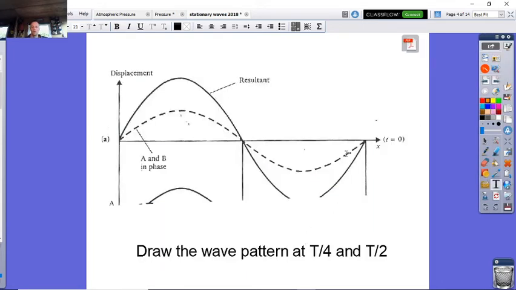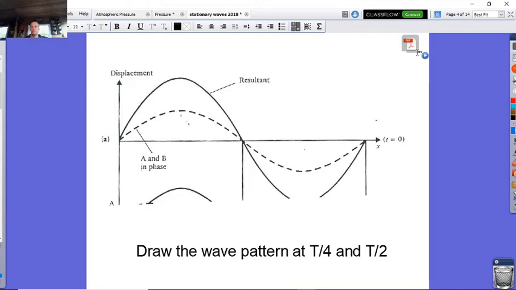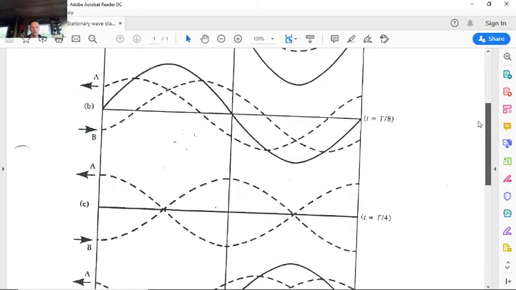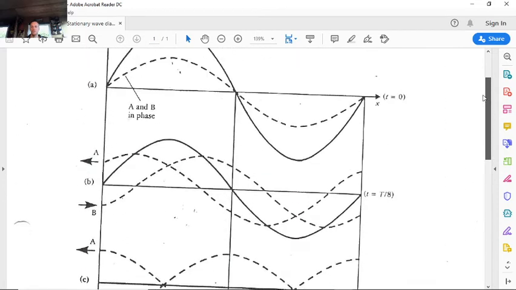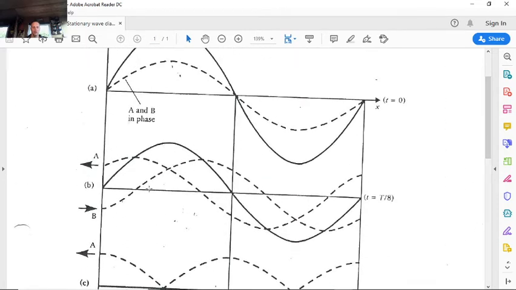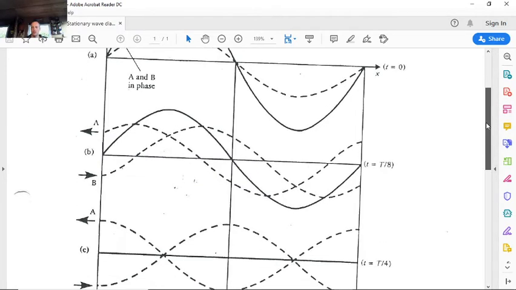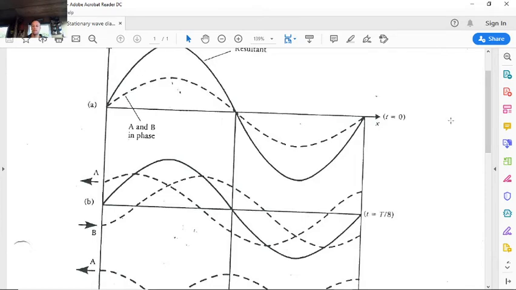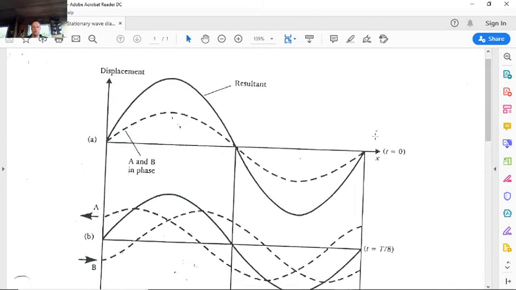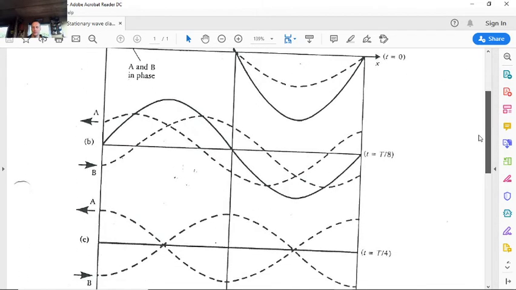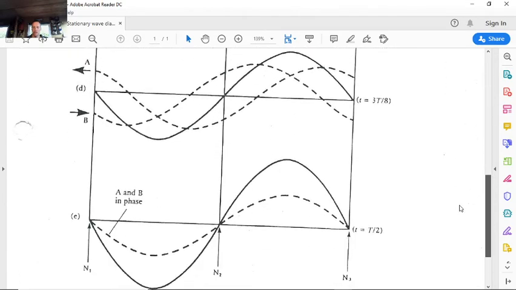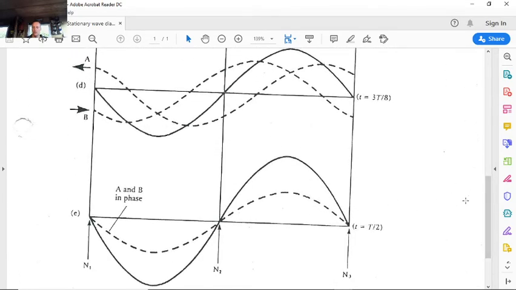Now, also what I'll include on the Edmodo post is this document, which is really nice, and it shows you how the wave changes with time. You've got one wave, B, going to the right and A going to the left, and they go through the full cycle. In other words, if I take the top one to be time period 0, and then going all the way through to half a time period later.